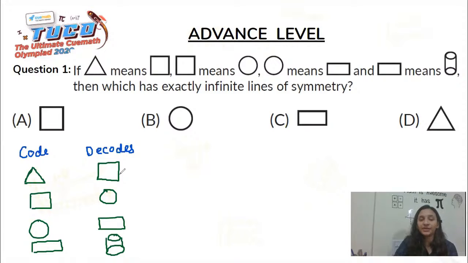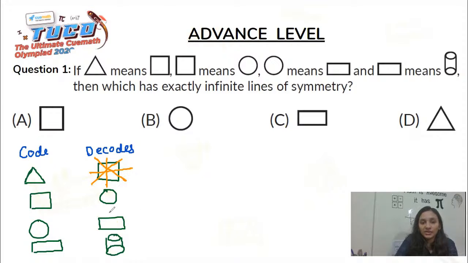lines of symmetry. So if we see that a square has 1, 2, 3, 4, and 5, it has only a specific number of symmetries, these many. A rectangle would not have so many, because if you try to overlap these two, they would not be exactly the same.